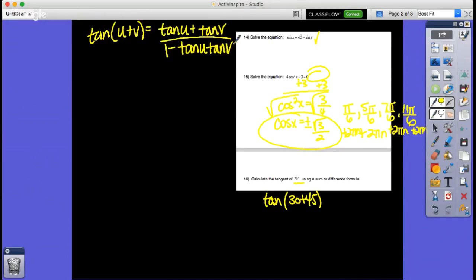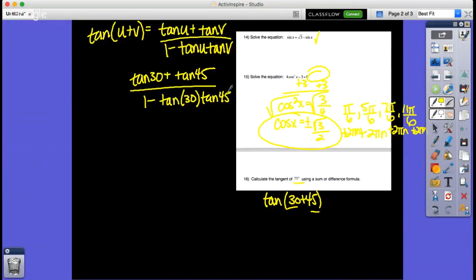All right, so we've got that there. Now, what is u? Well, u is the first angle, and then v is the second. It doesn't matter which one it is because you get the same thing. But you'll have then tangent of 30 plus tangent of 45 all over 1 minus tangent of 30 tangent of 45. So what we're trying to do is solve and say, okay, what is tangent of 30?